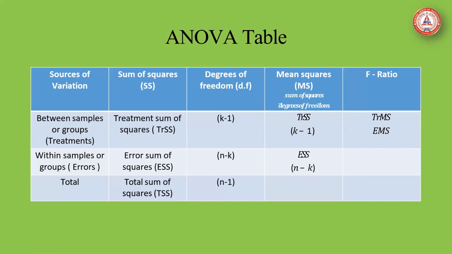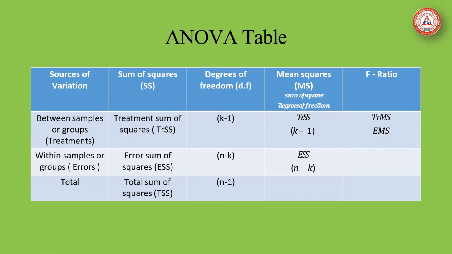This is the ANOVA table: source of variation, sum of square, degree of freedom, mean square, F ratio. Between samples or groups, treatment sum of square TRSS, degree of freedom K minus 1, F ratio is TRMS.